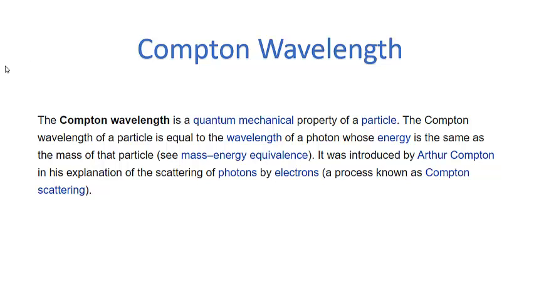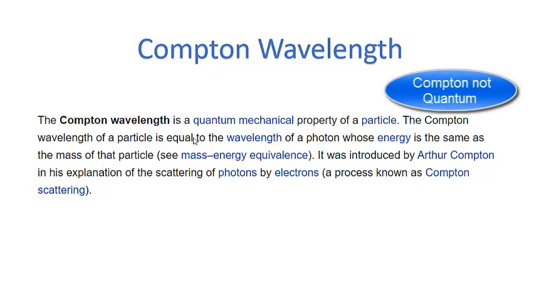So in theoretical physics, there is a thing called the Compton wavelength, and the Compton wavelength is defined as a quantum mechanical property of a particle. This is why I am using the Compton wavelength. It seems strange that a particle can have a wavelength, but this is how it's defined in standard physics.